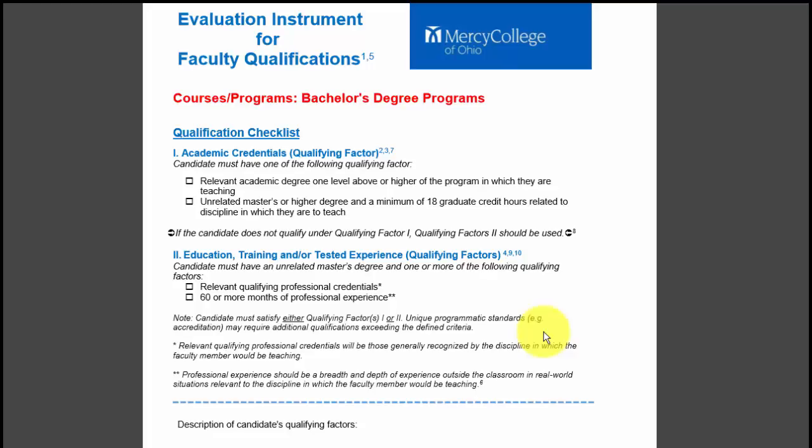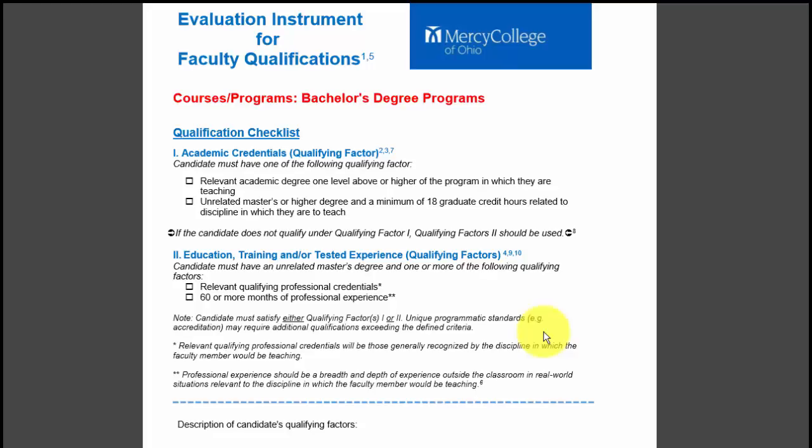So let's go over some of the dates real quickly here. We're going to have this open for open commentary until October 3rd. And then after that, I'm going to get out finalized documents. We'll meet together, the faculty development group, again.